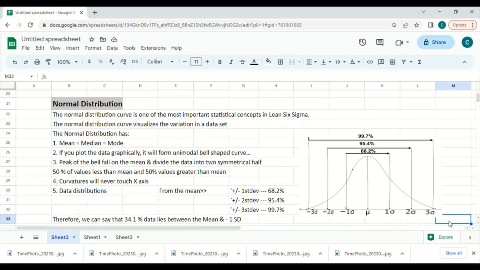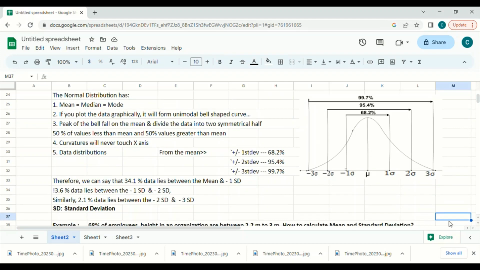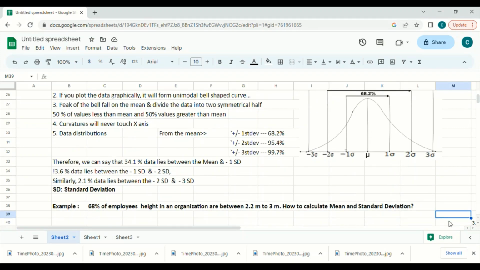34.1% of data lies between mean and minus 1 sigma, and because of the symmetrical half, the same amount of data lies between mean and plus 1 sigma. Similarly, 13.6% of data lies between minus 1 to minus 2 sigma, and the same amount lies between plus 1 to plus 2 sigma.